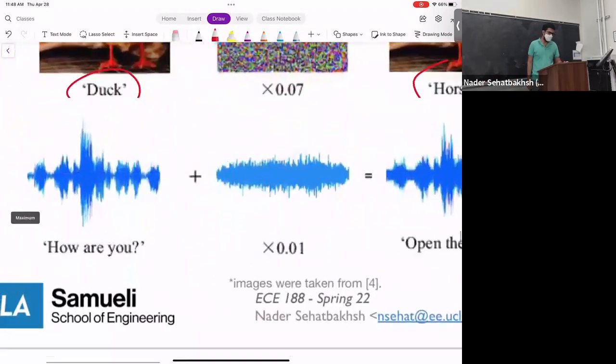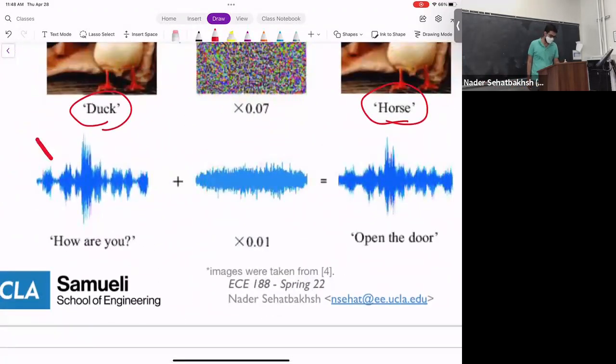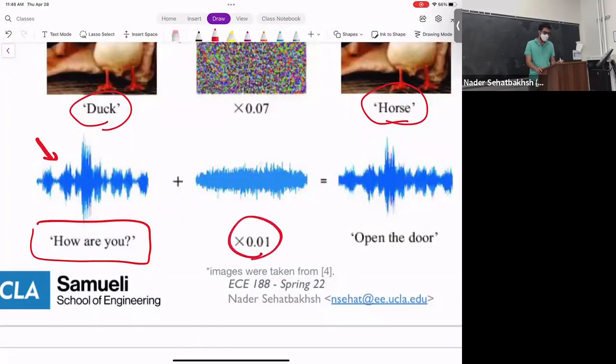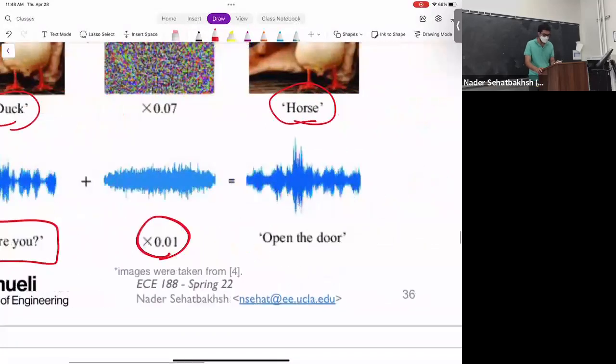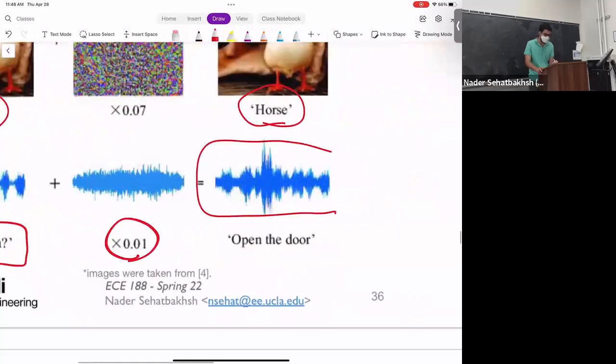Another example is looking at voice. For example, if you say something like, how are you? And if you look at the actual time domain signal of this voice, it looks like this. People have shown that if they add some sort of very, very tiny white noise and add them together, they're going to get something like this.